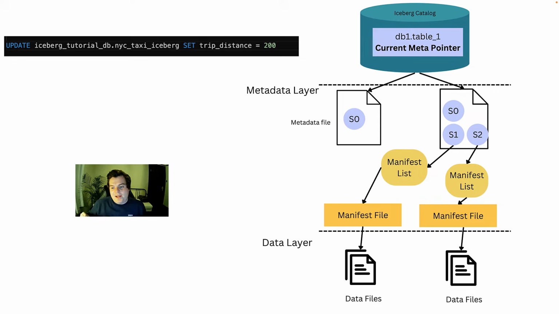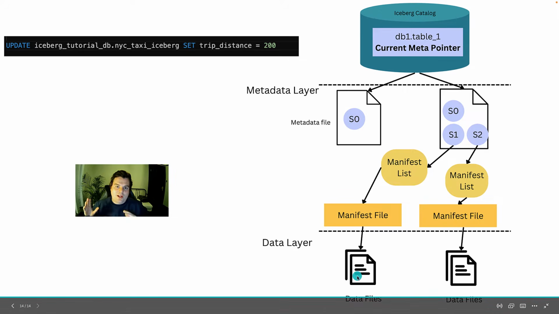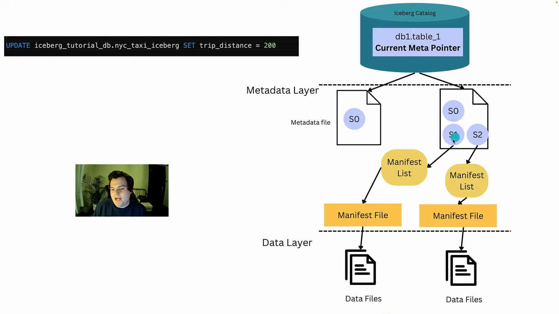Time travel then comes into play here. If we want to look at how the data looked back in the past, say where snapshot 1 was, then we run a query. It knows to go to snapshot 1, get the manifest list here, get the manifest files, and give us how the data looked at a period of time before we ran this update statement. So it's giving me the data how it looked in snapshot 1.